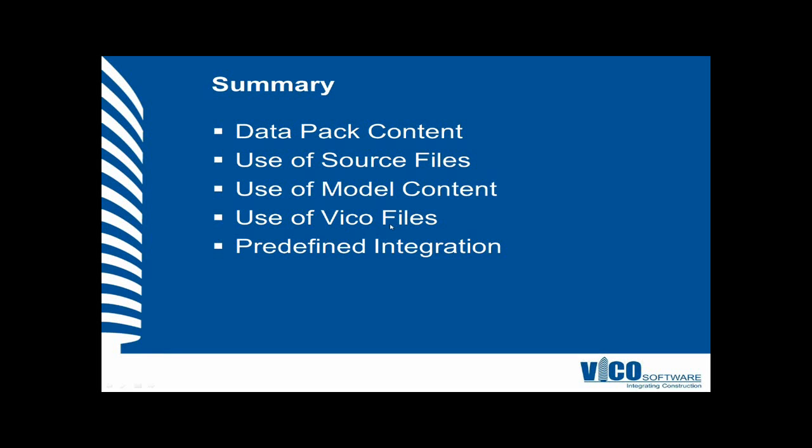The Vico files, which are included as well, so that's prepared .vico files that you can unpack in the dashboard and then use as a reference in your project. And then the most important part is the predefined integration. So using the model elements together with the predefined cost content results in automatically linking up of the model-based quantities with the cost information.